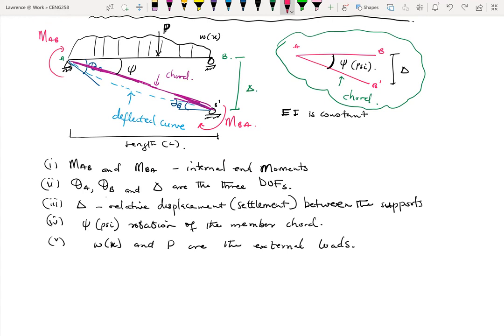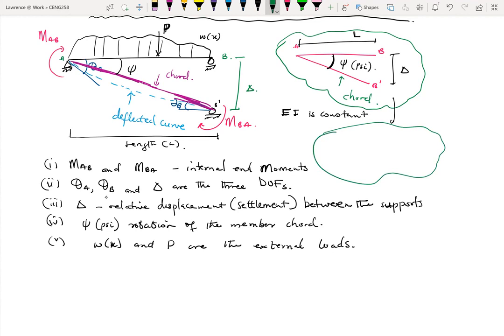Now, let's look at something before. Let me just show you. If you look at this diagram over here, if this length here is L, then it simply means that I can rewrite another equation in terms of that.